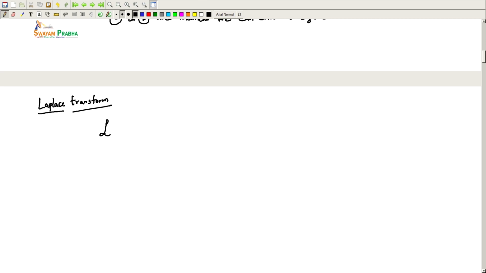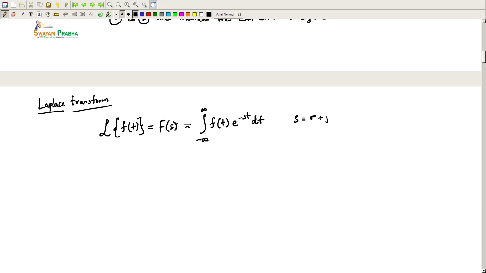So, the Laplace transform, denoted by this particular symbol, of a time domain signal f of t can be expressed as a function of a complex variable s called the Laplace variable and is denoted as F of s and given by this particular integral, that is f of t into e to the power minus st dt going from negative infinity to positive infinity, and this s, the Laplace variable, is a complex number denoted as s is equal to sigma plus j omega.